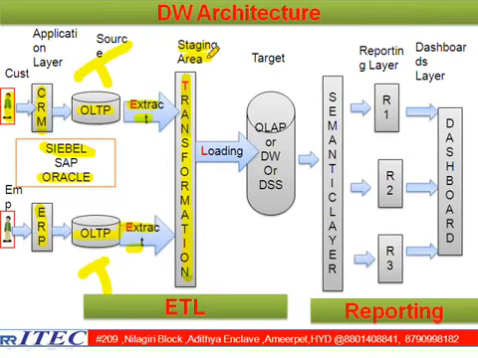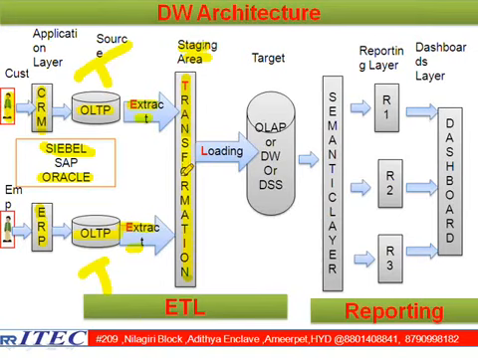In the staging area, we convert the transactional data into the format the customer is looking for. The staging area is called a temporary database. Temporary database means every day it is truncated and created. Every day it is truncated, every day it is created.